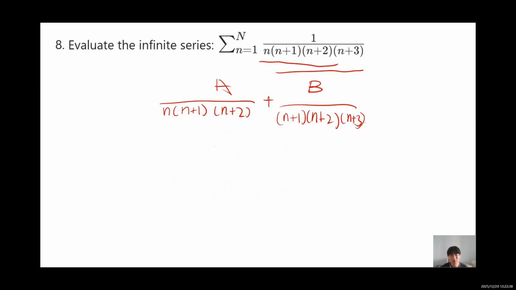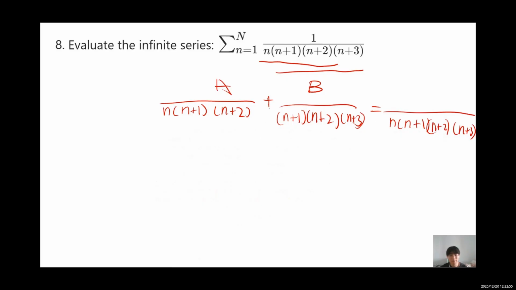Let's get it back to the original form. n plus 1, n plus 2, n plus 3.